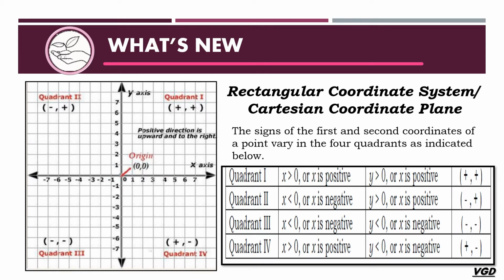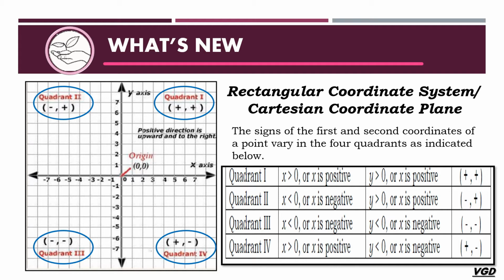The x and y axes divide the coordinate plane into 4 quadrants, and these are labeled counterclockwise. These are quadrant 1, quadrant 2, quadrant 3, and quadrant 4. Take note that the signs of the first and second coordinates vary in the 4 quadrants.